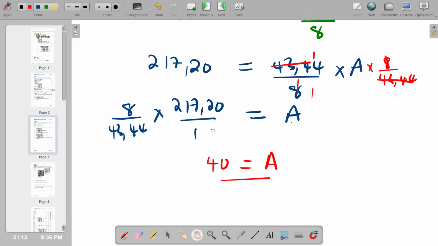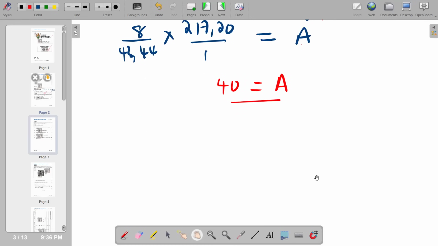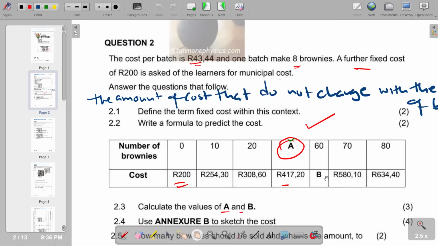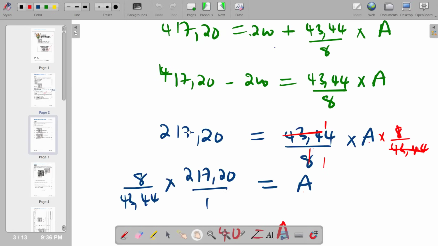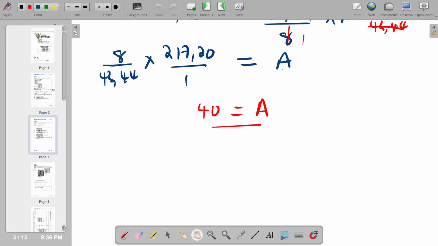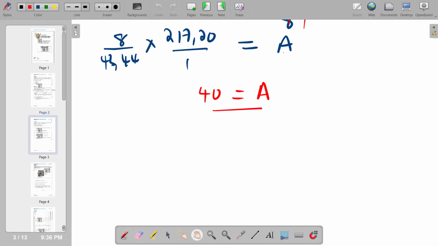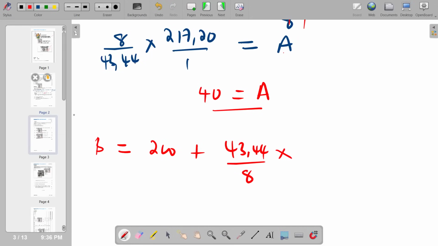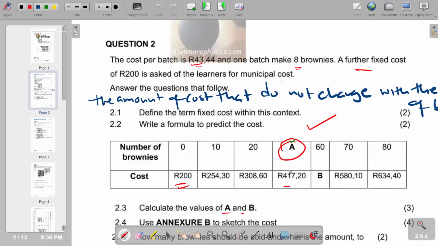Then the calculation of B, with the information given. In other words, you are calculating total cost. According to our formula, B, which is our total cost, is equal to 200 plus 43 Rand 44 divided by 8 times the number of brownies, which in this case is 60.